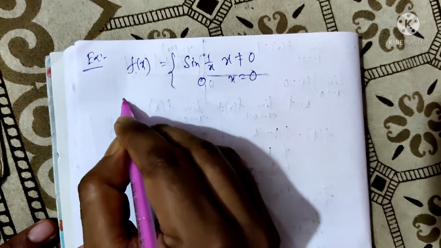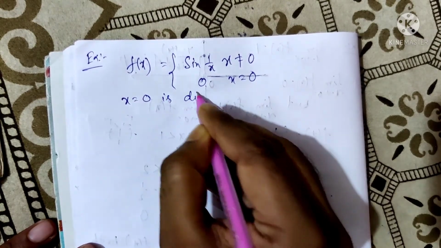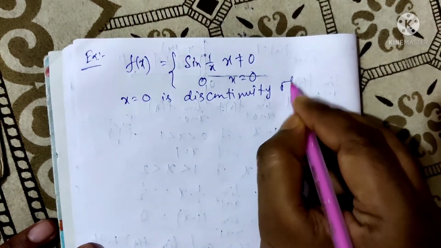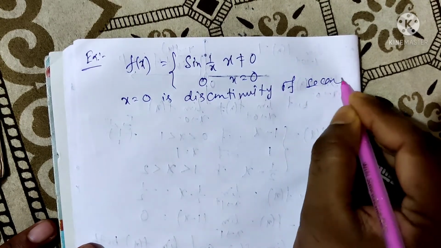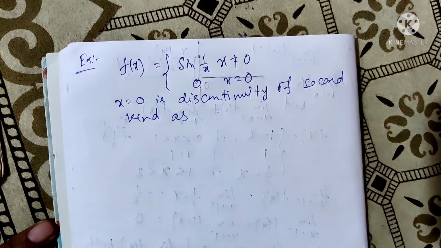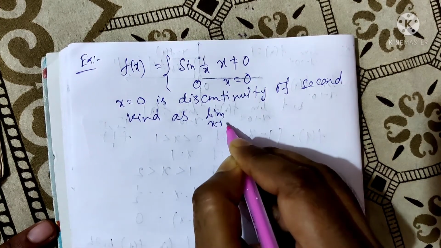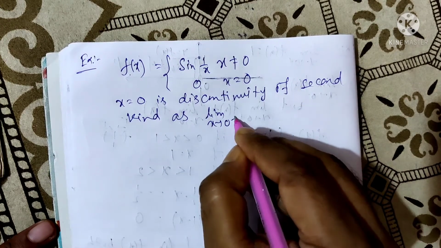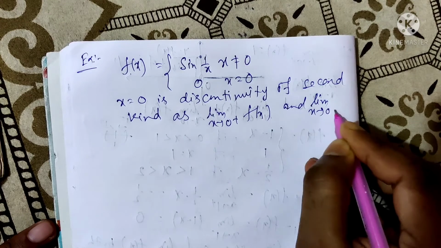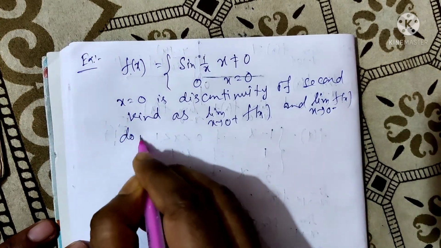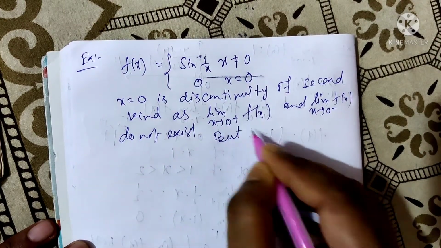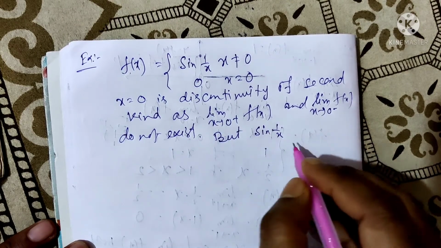In this example, x equals 0 is a discontinuity of the second kind, as the limit as x tends to 0 plus of f(x) and the limit as x tends to 0 minus of f(x) do not exist, but sin(1/x) is bounded.